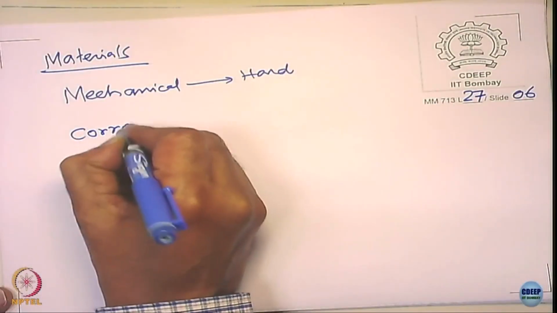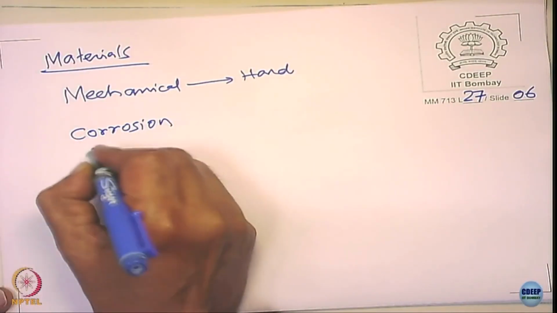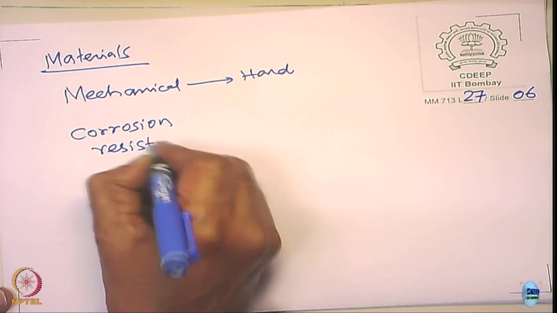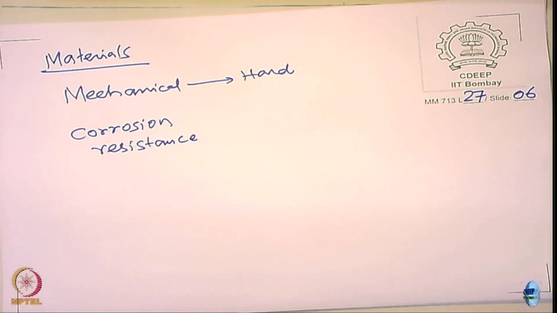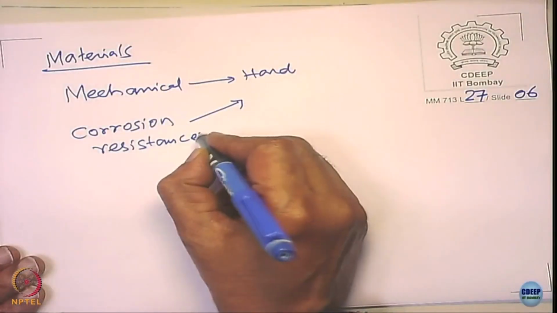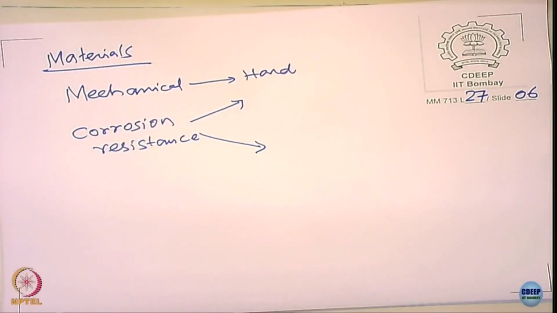Yeah. So you should also have corrosion resistance. Of course, that is involved in the corrosion resistance package, right? So in corrosion resistance, how can you improve the corrosion resistance?